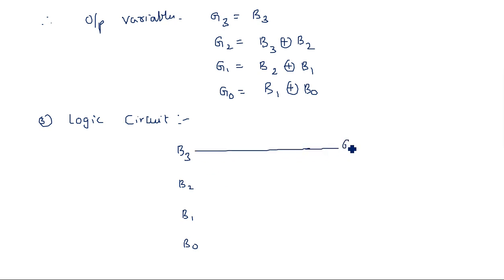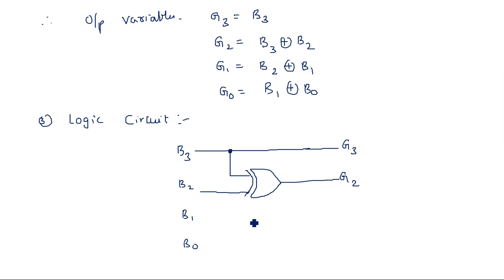B3 is directly taken as G3, and G2 is obtained by taking XOR operation between B3 and B2. So it is an XOR gate between B3 and B2.